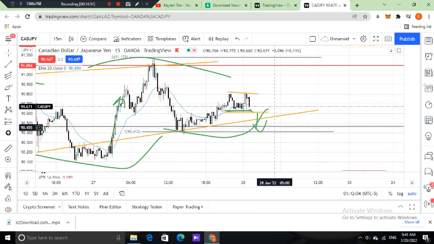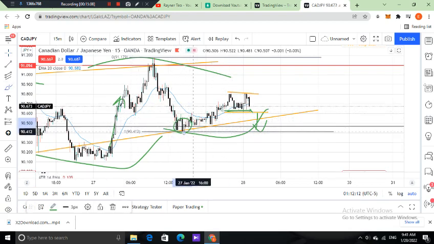We also have this small target, which is the starting point of this leg, this trend. This is the starting point and that's the target.